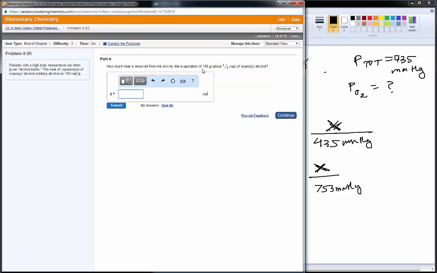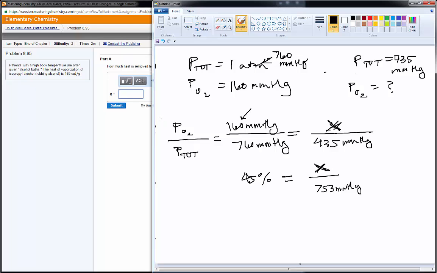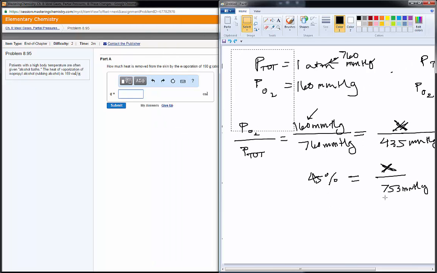Next, we can actually calculate how much heat we can remove in the process. So here's the heat of vaporization. That's the amount of energy it's going to take to evaporate the alcohol. And there's nothing fancy about this. We could just use dimensional analysis to solve the problem.